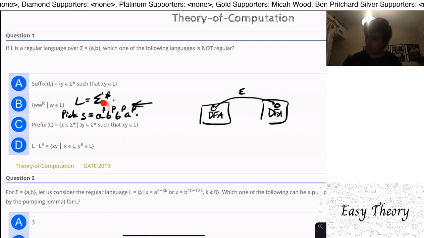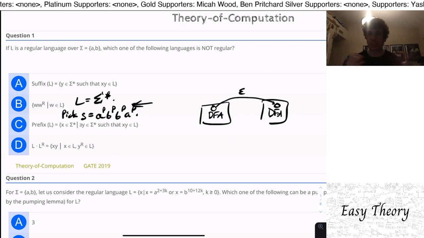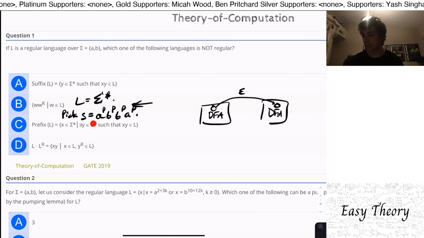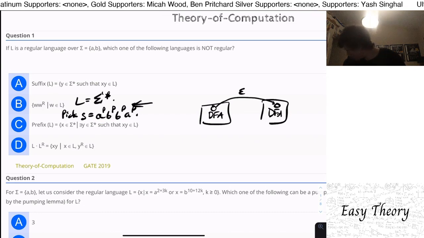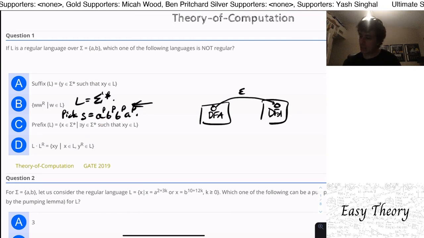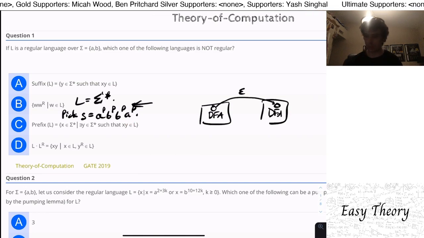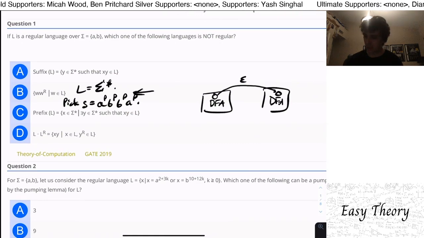You can only pump in the first p characters here, so that would cause the string to no longer be a palindrome, because either fewer or more A's will cause the number of A's at the end to not match. So B is the correct answer here.